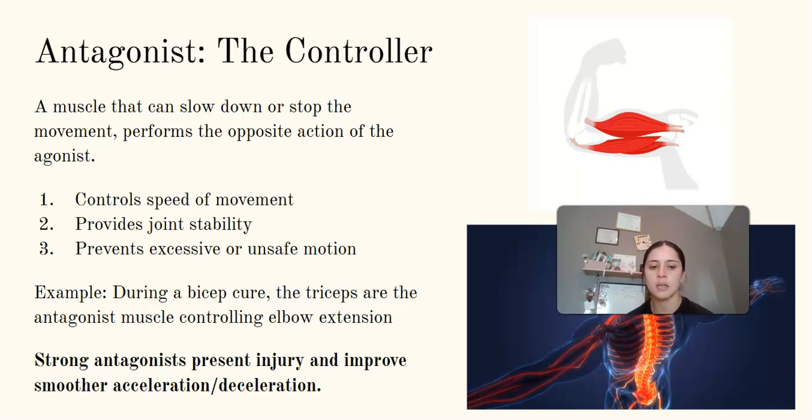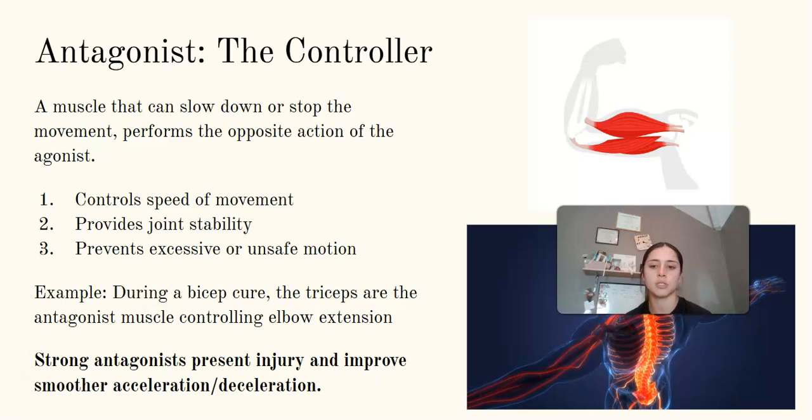If the antagonist is weak, this can increase injury risk because it can't properly control the movement. So balanced agonist and antagonist strength is essential, especially around major joints.